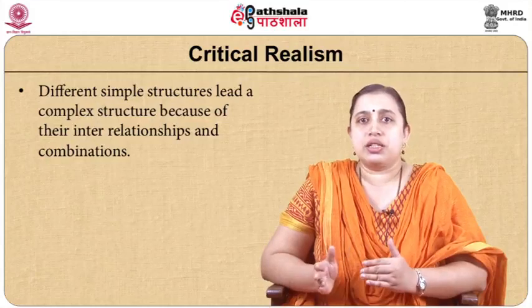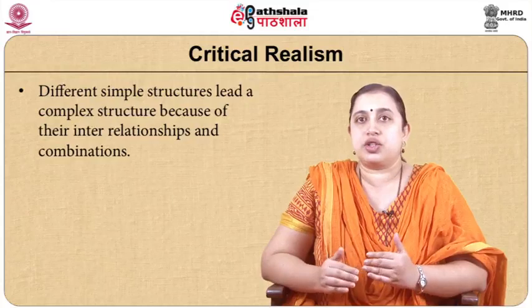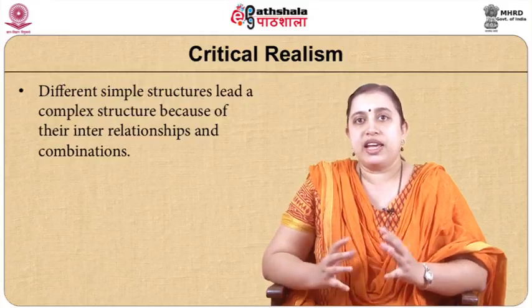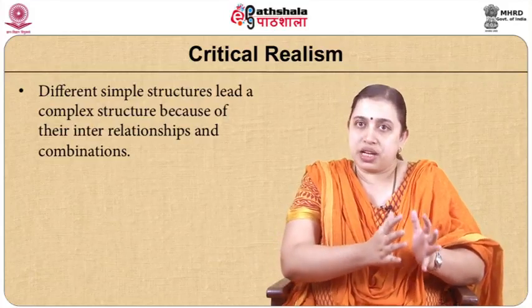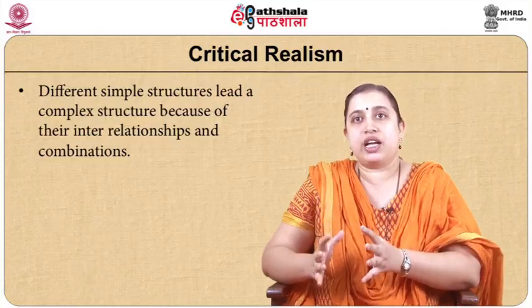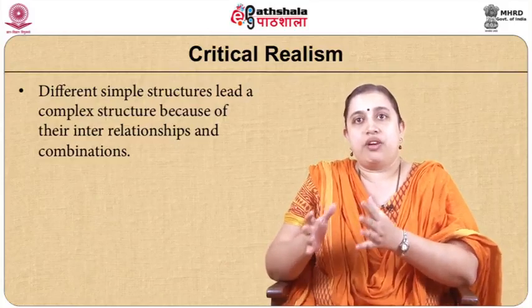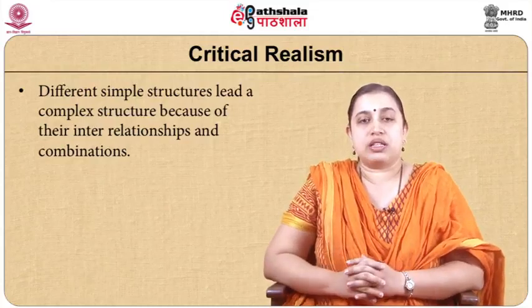Different simple structures lead to a complex structure because of their interrelationships and combinations. This combination is where certain parts can be more generalized, more common, and certain parts are very specific, based on power, context and culture as well as socialization processes.